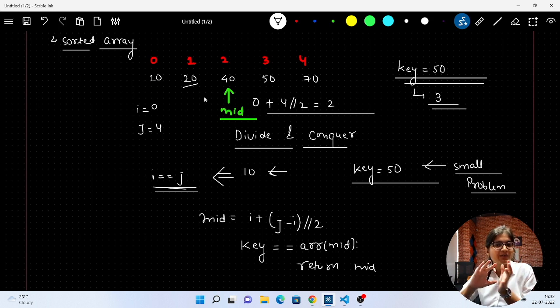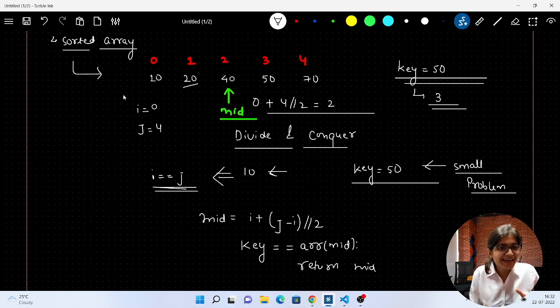Should I go towards the right side of 40 or the left side of 40 to again traverse the subarray? Obviously, your answer should be that, for sure, the array is sorted. Now you can also understand why I was saying initially that the major prerequisite is to have a sorted array.